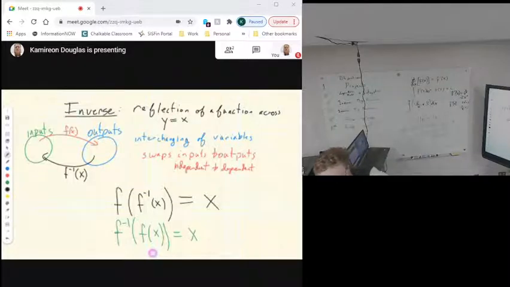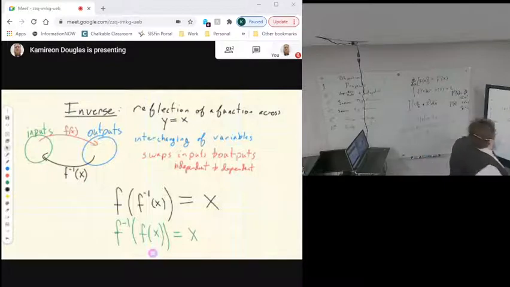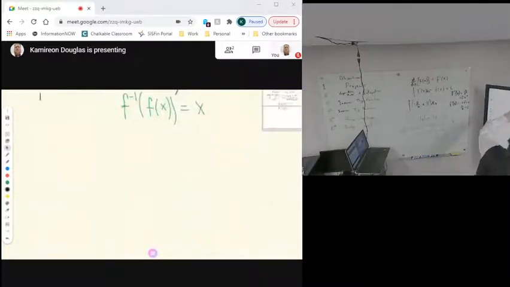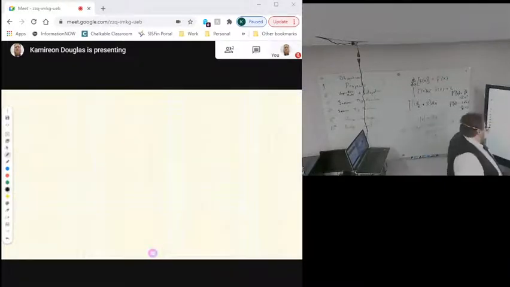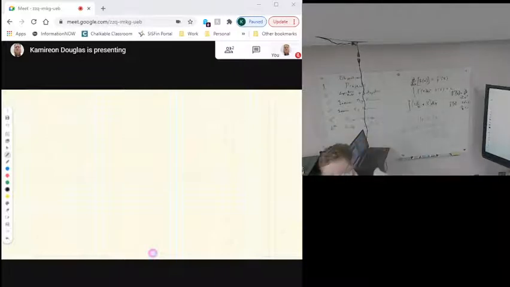Okay. Next thing I should tell you. Not quite an obvious statement, but when you think about it, it'll make some sense eventually. Not every function has an inverse. One more time.